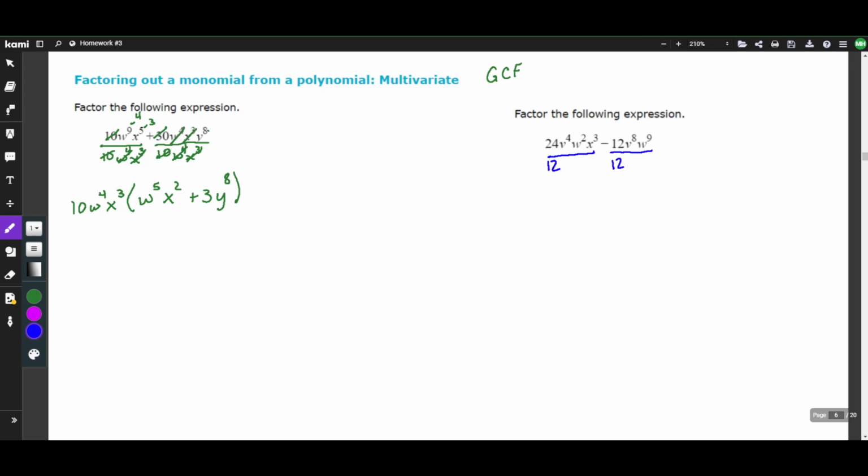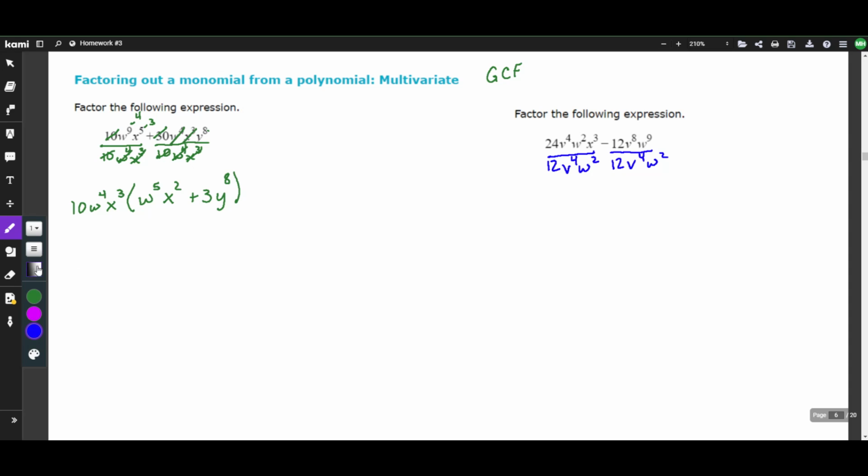We tend to be math-wise a little lazy and not write them. Then looking at letters, they both have V's, they both have W's, and I can take 4 V's from both, and I can take 2 W's from both.